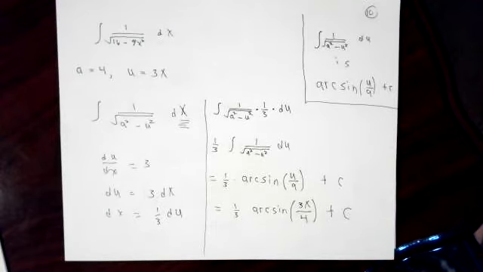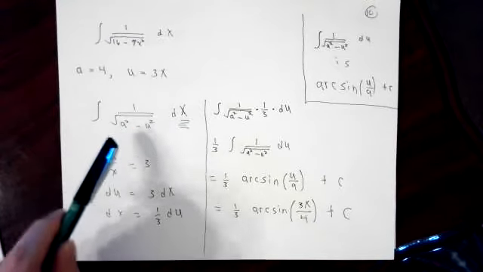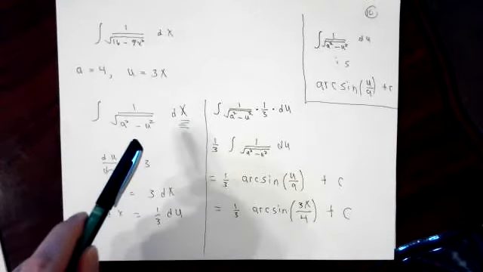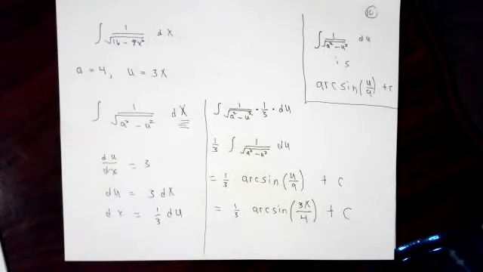And obviously, if I let u equal 3 times x, then u squared will be 9 times x squared. Just with that, I can rewrite my integral this way. It's literally the integral of 1 over square root a squared minus u squared, but there's still a problem.